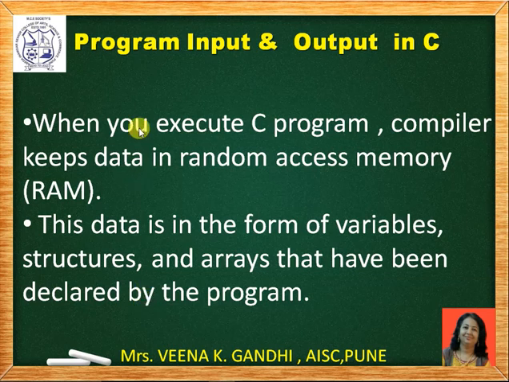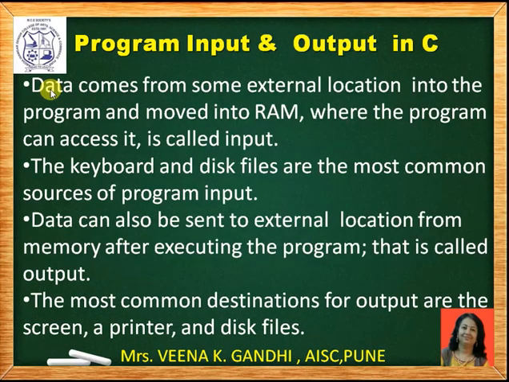So first we will see what program input and output is in C. When you execute any C program, the compiler keeps data in random access memory, the main memory. This data is in the form of variables, structures, and arrays that have been declared by the programmer in the program. Data comes from some external location into the program and moves into RAM, where the program can access it.